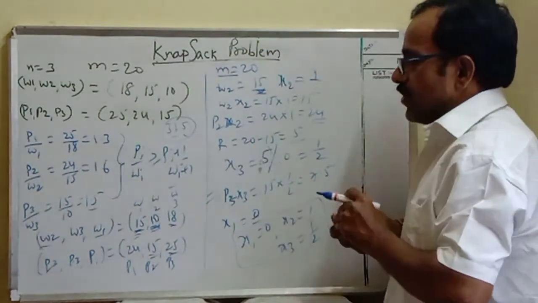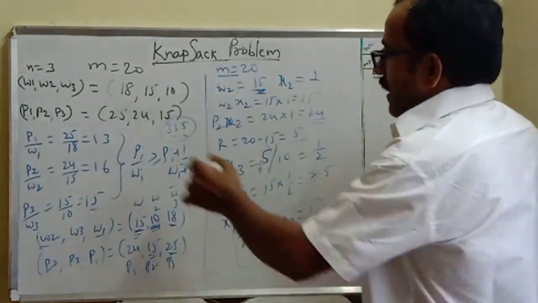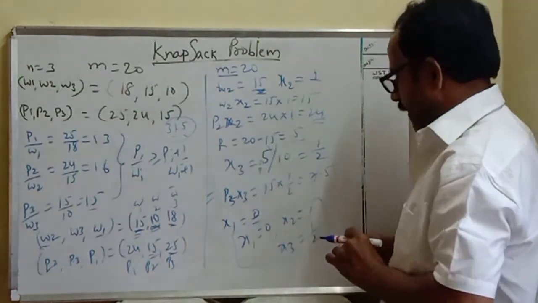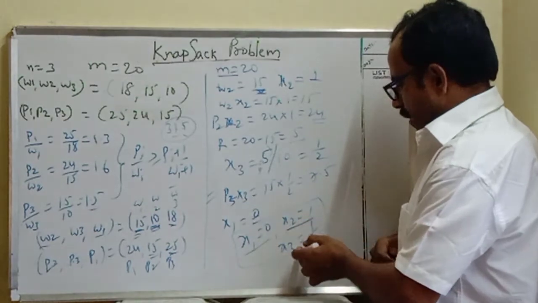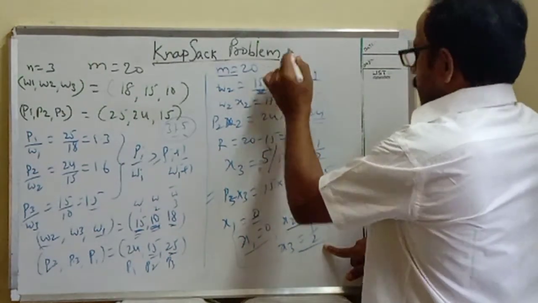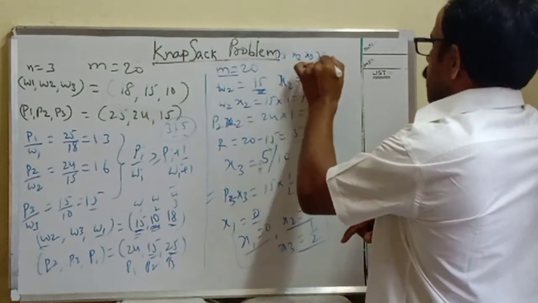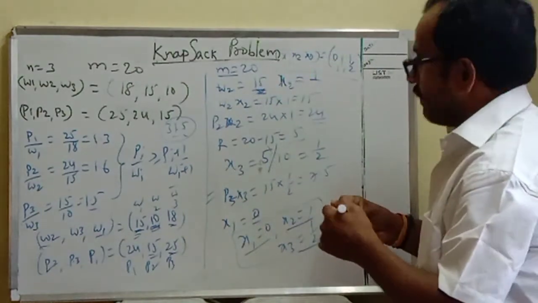So here also, according to this approach, we get the optimal solution as 31.5. The solution is X1 equal to 0, X2 equal to 1, X3 equal to half. Then we can represent the solution as X1, X2, X3 equal to 0, 1, half. This is the solution finalized for this particular problem.